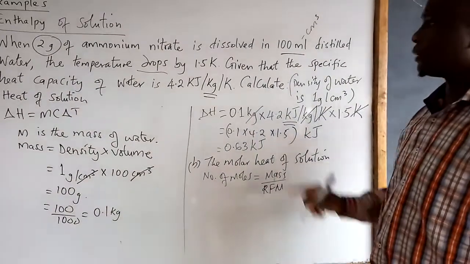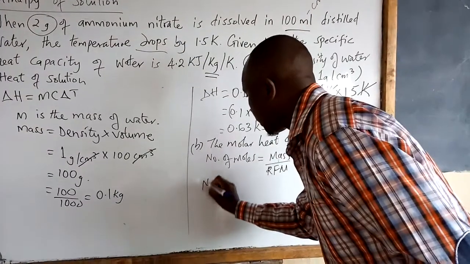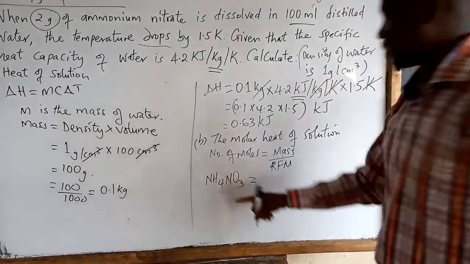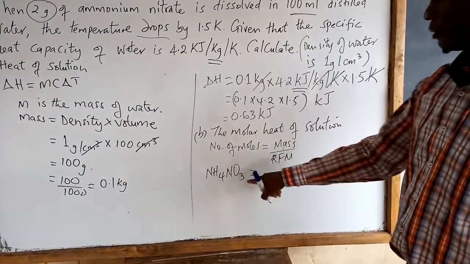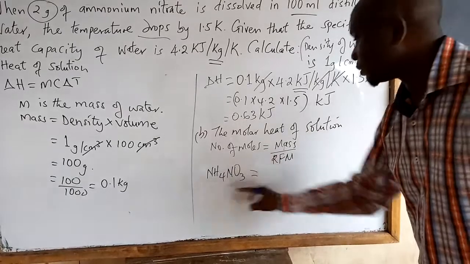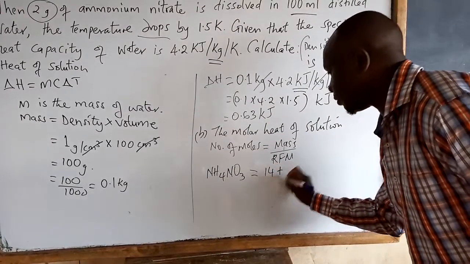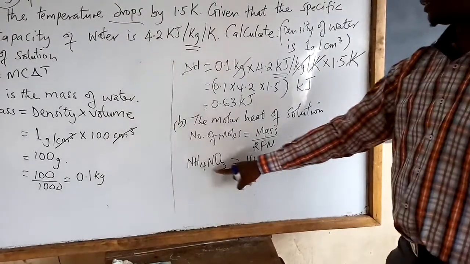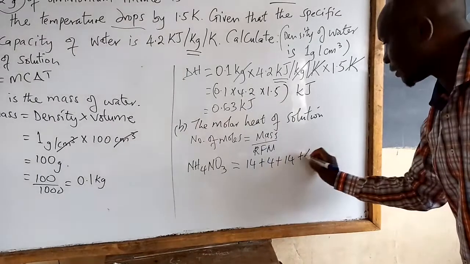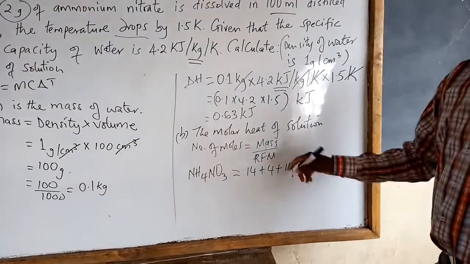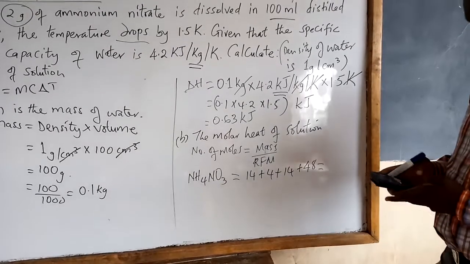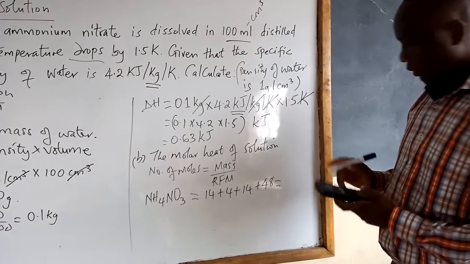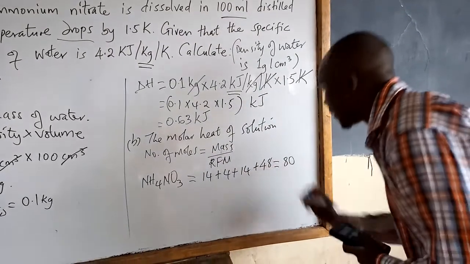The formula of ammonium nitrate is NH4NO3. To get the RFM, you add the masses of each individual atom: nitrogen 14 plus hydrogen 1 times 4, plus nitrogen 14, plus oxygen 16 times 3, that gives you 48. If we add, that comes to 80, that is the RFM.